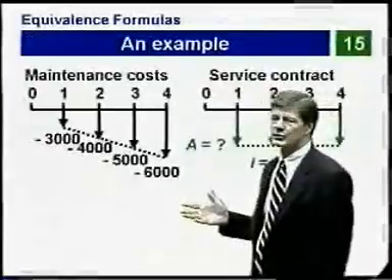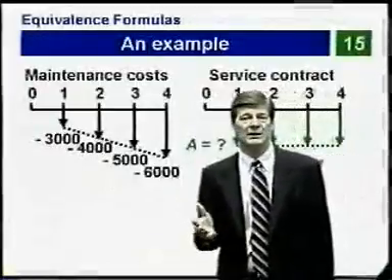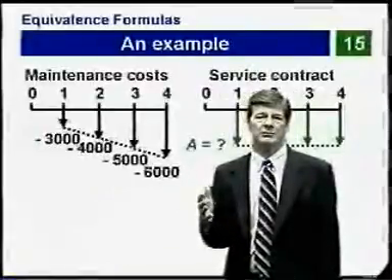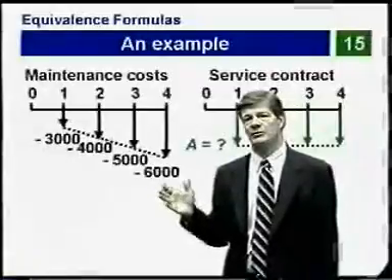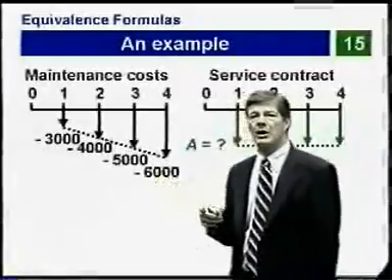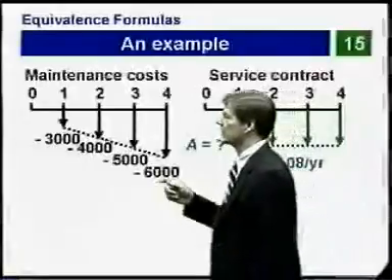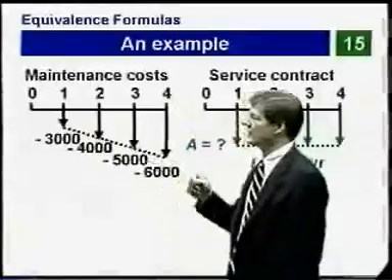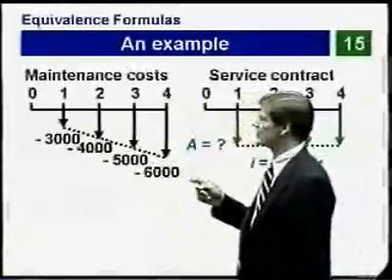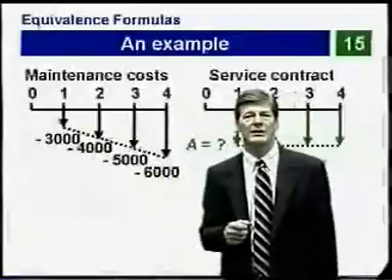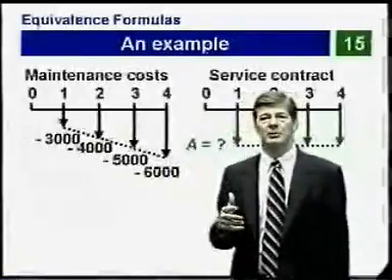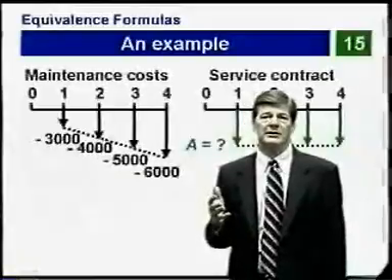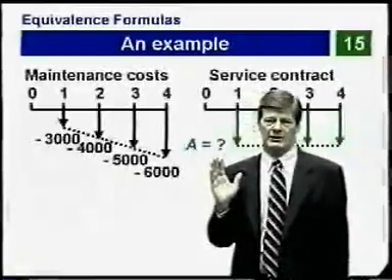Let's assume we're considering the purchase of a piece of equipment. Let's also assume that we have done some estimates on what we think the costs of maintenance will be for this particular piece of equipment for the next 4 years. And our best estimates are it will be $3,000 in the first year, $4,000 in the second year, $5,000 in the third year, and $6,000 in the fourth year. Let's also assume that the supplier of this particular piece of equipment has made us an offer that we could purchase a service contract.